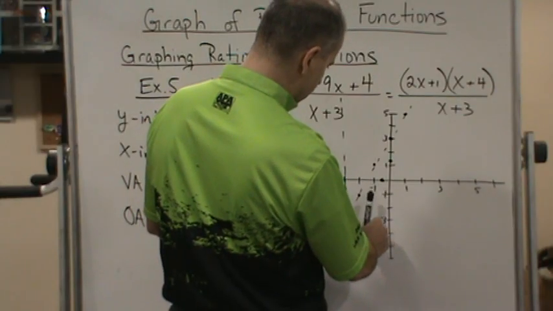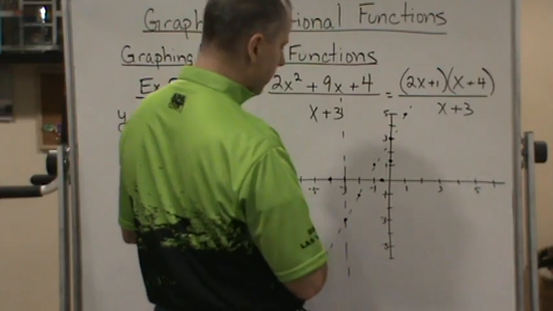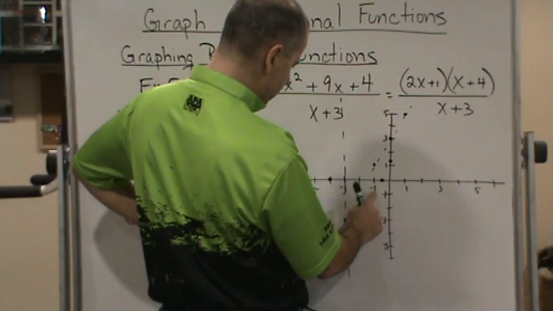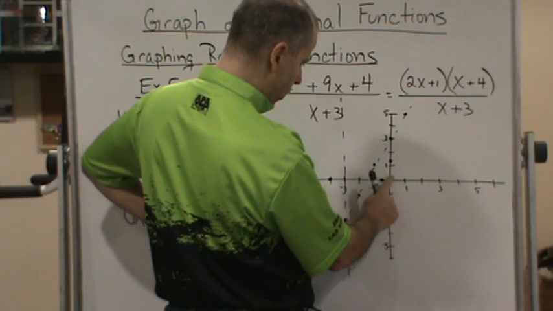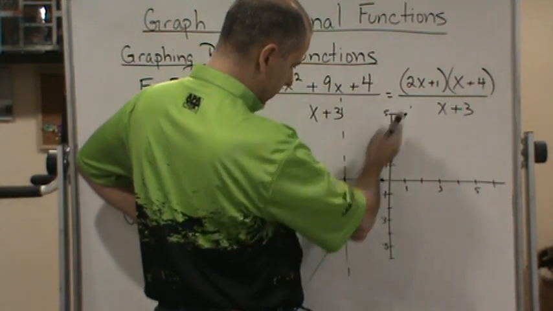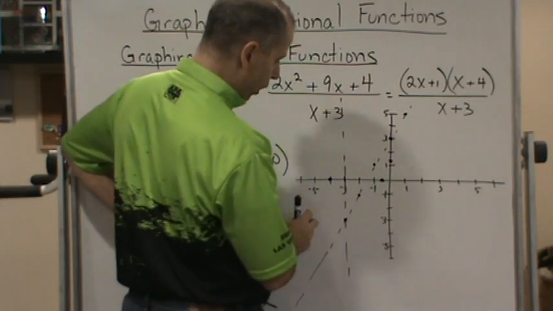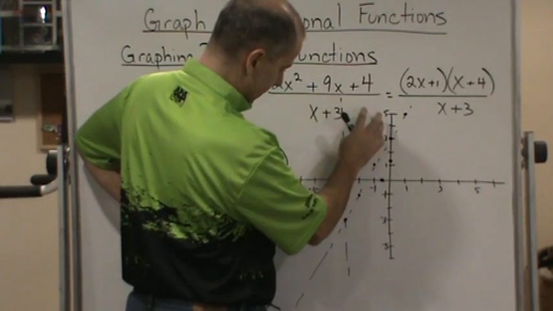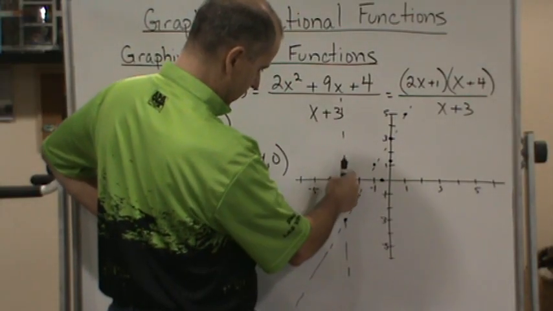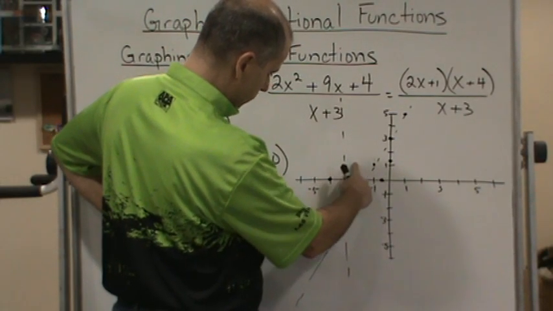One thing we notice is how the x and y intercepts, this x-intercept is over here with this. So we know the graph is going to be on this side of the slant. Now we don't know what's going on in this side. Is it over here or is it down here? Don't know yet. We'll have to test a point here to see where it ends up.